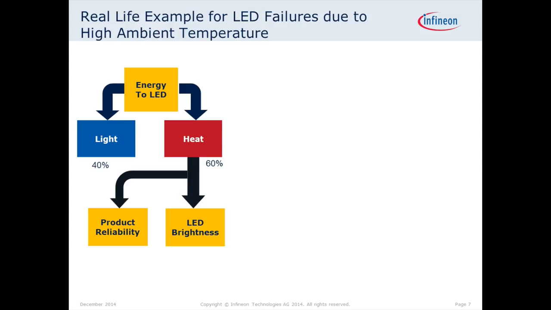In this case, 60% is converted into heat and only 40% into light. Will that change significantly in the upcoming years? The answer is no. It might go up, the light output goes up to 45%, 48%, but in the future a significant portion will also be converted into heat.